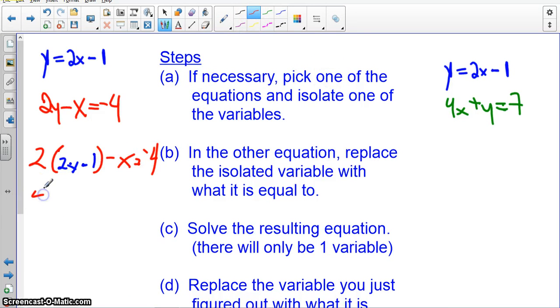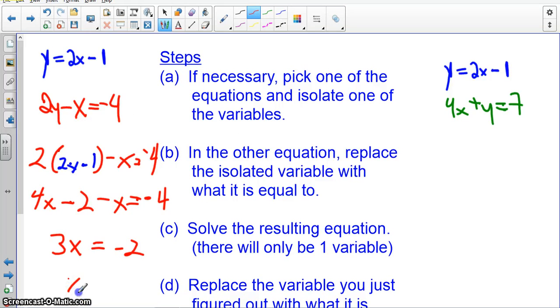So I distribute, and we get 4x minus 2 minus x equals negative 4. Okay? I'll do two steps in one just because I want to go kind of fast. You can pause and try to make sure you know what I did here. Add 2 to both sides and then combine the like terms, combine the x's.